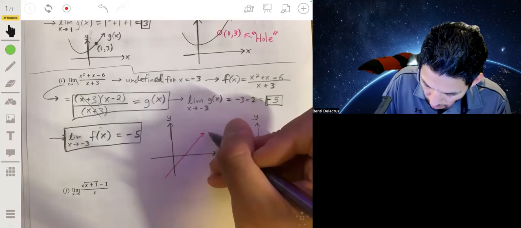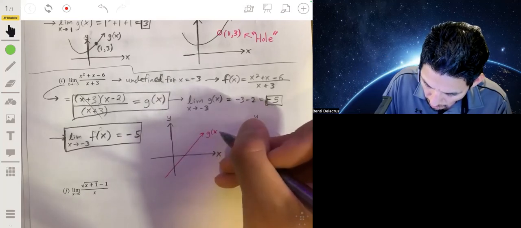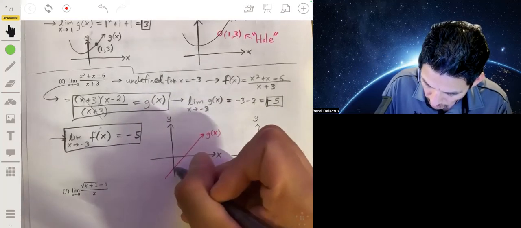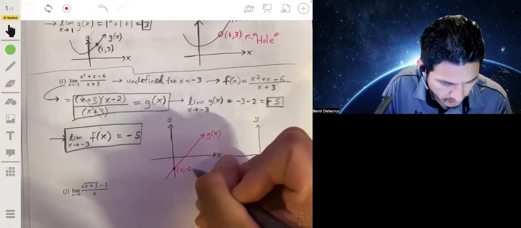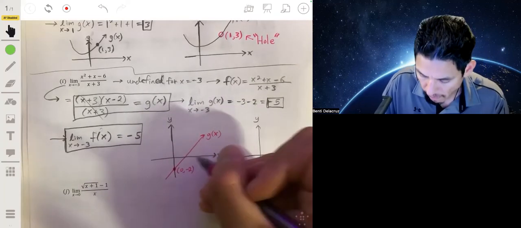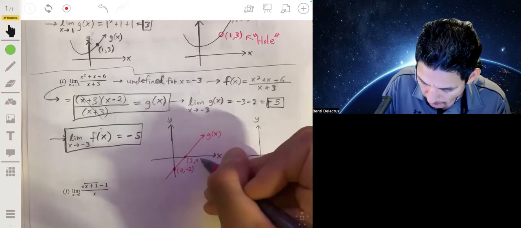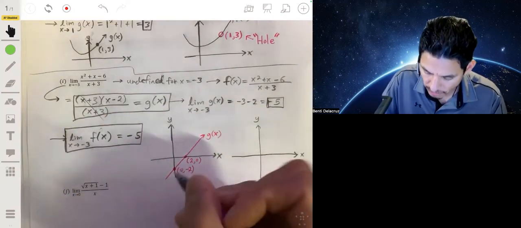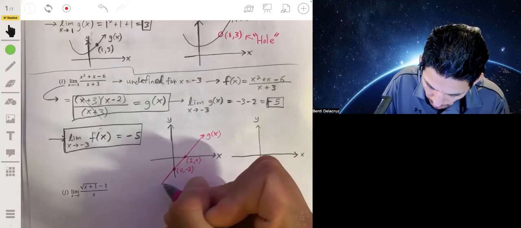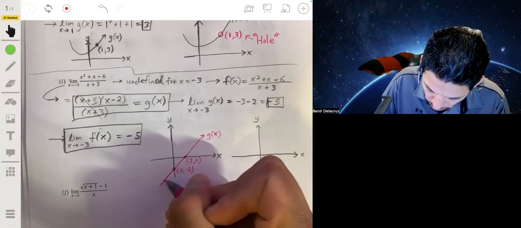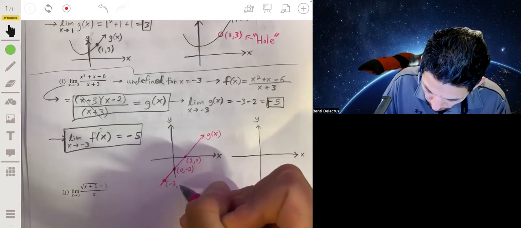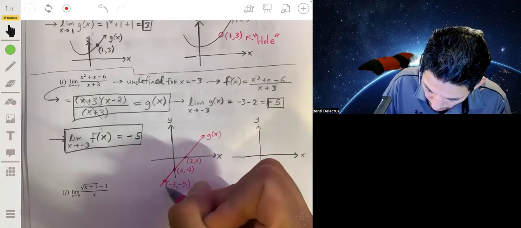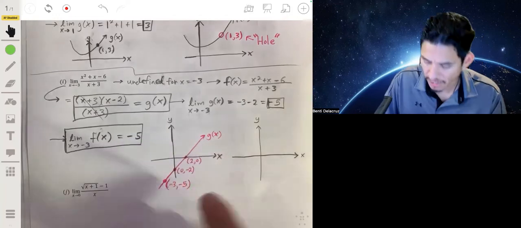Y-intercept of -2, goes through 0, -2, 2, 0. And at that point, -3, not drawing to scale, the y value is -5.